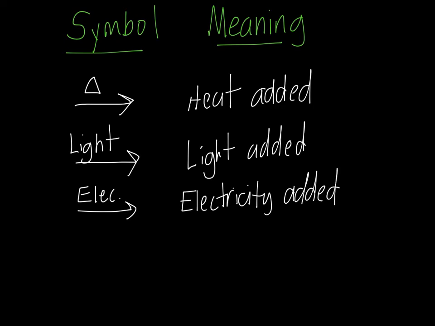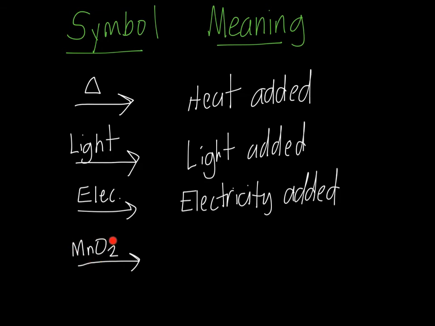One other thing that you might see would be the arrow with a chemical formula written above or below it. Something like this. There's your arrow, and then maybe something like MnO2. There are lots of different compounds that could be listed right above the arrow.